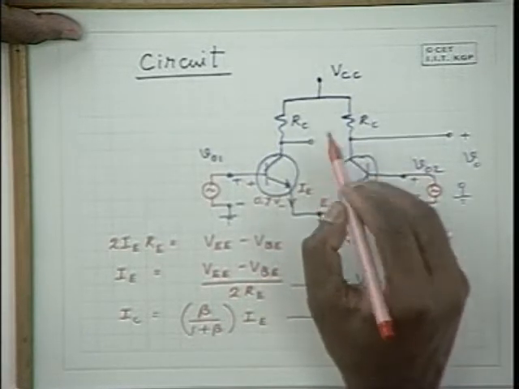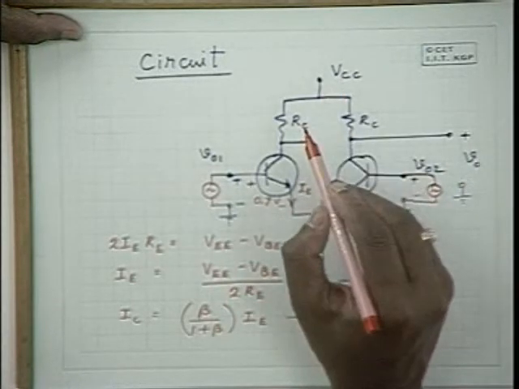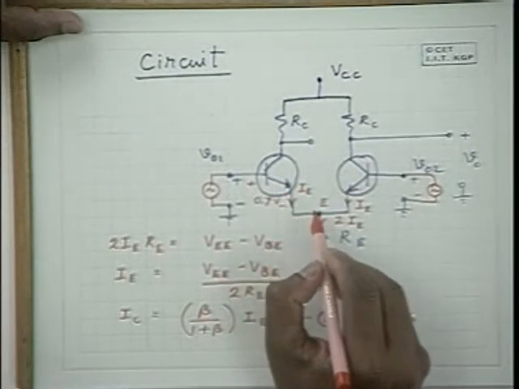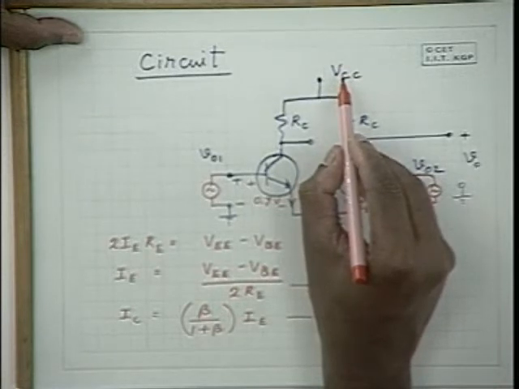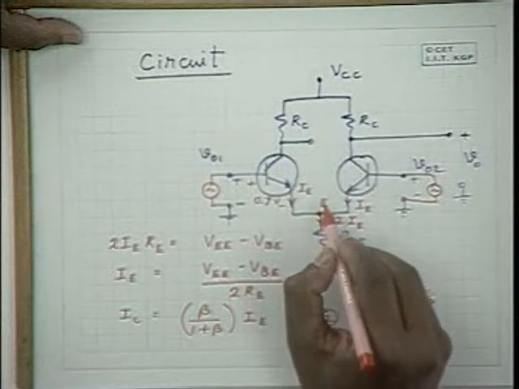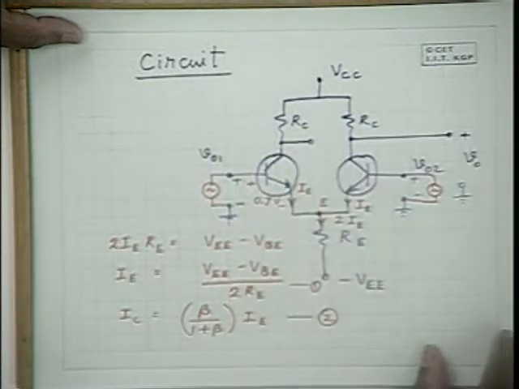VCE is equal to VCC plus 0.7, because the emitter is at minus VBE and this is at plus VCC. Therefore, VCC plus VBE minus IC into RC. So that is the VCE.